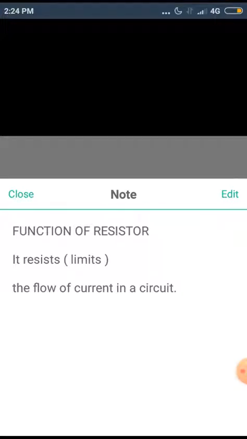Every conductor has a specific value of resistance. Now, this resistor is represented by a zigzag line as shown in the symbol. Once again, let us repeat the main function of a resistor. It resists, or you can say it limits or opposes the flow of current in a circuit.